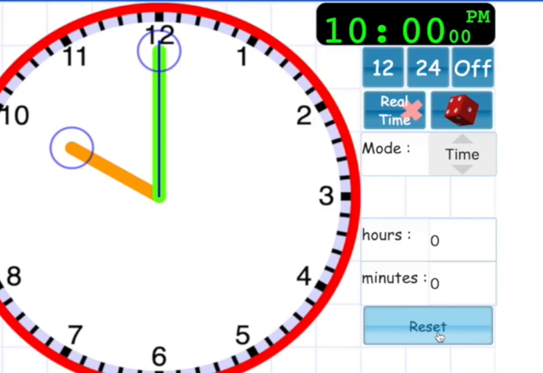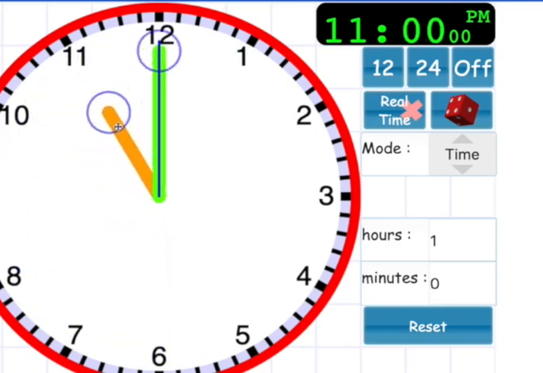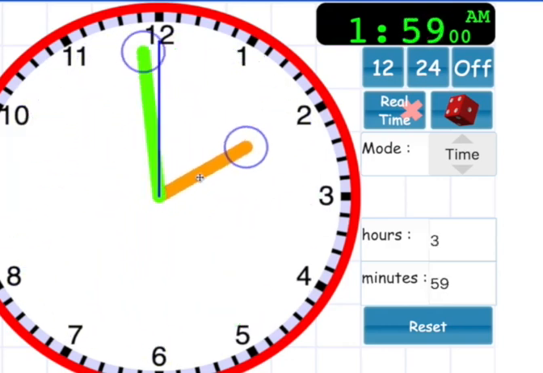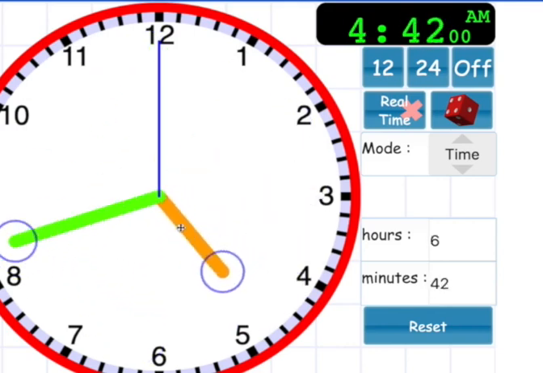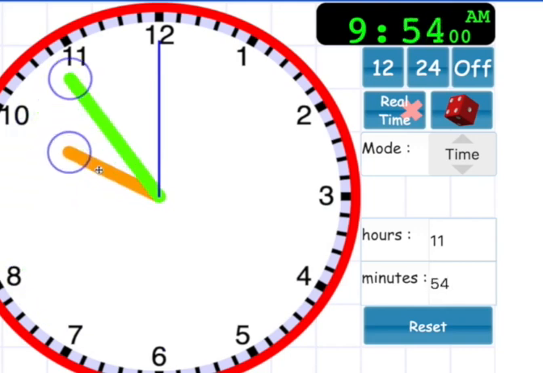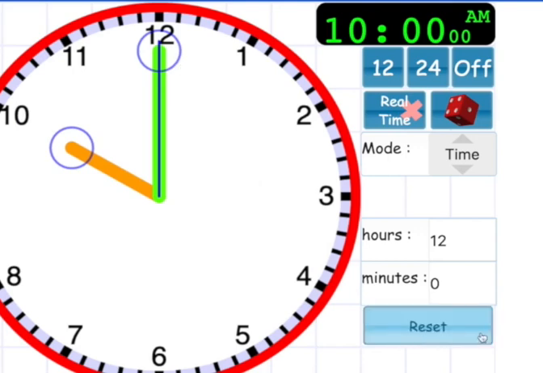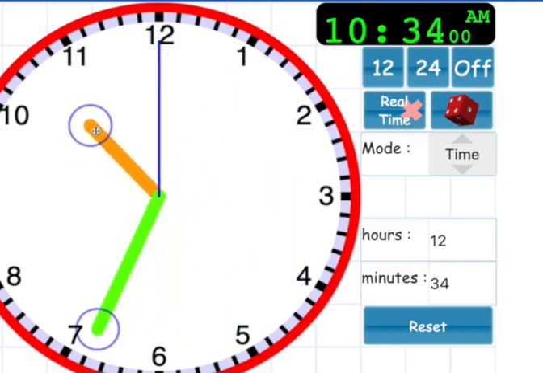I've set my clock to 10 p.m. and we need to move forward in time 16 hours and 3 minutes. So again, as I move around the clock, I can go 12 hours and I will be at 10 a.m. So here we are, we've gone 12 hours and it is 10 a.m. We need to continue to move forward all the way up to 16 hours and 3 minutes.